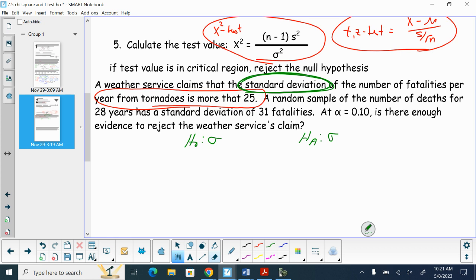We're not dealing with the mean and mu anymore. We're dealing with sigma. And what they hope is true, and once again, it's not a good thing, but what they hope is true is that it's more than 25. So that's our ultimate hypothesis, because that's what they're hoping is true. So we are less than or equal to the 25 here. So if we take a look, for 28 years, n is 28.